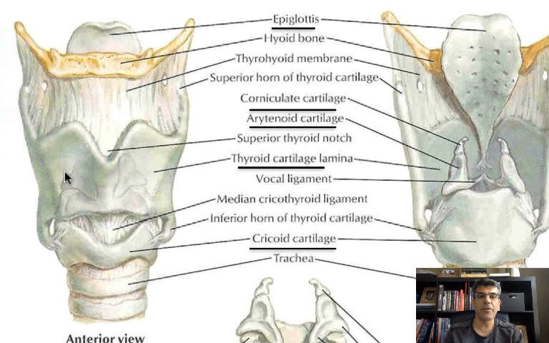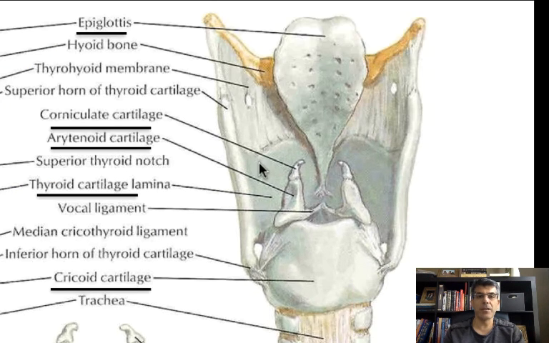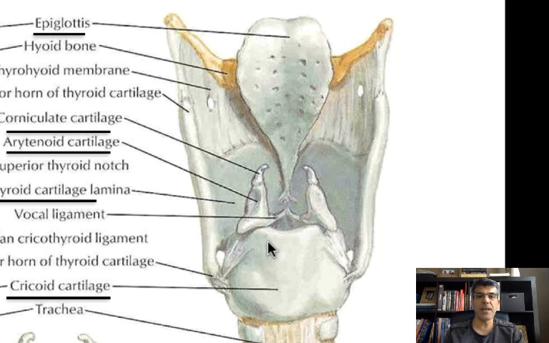One is the thyroid cartilage, which is the biggest cartilage. And the second one is called the cricoid cartilage, which is the lower part of the larynx. In the mid part of this thyroid cartilage, you have the Adam's apple, which is bulged and you can feel it. But when you go to the back of the larynx, you can see that there are more cartilages. The most prominent one is this one. It's called the epiglottis.